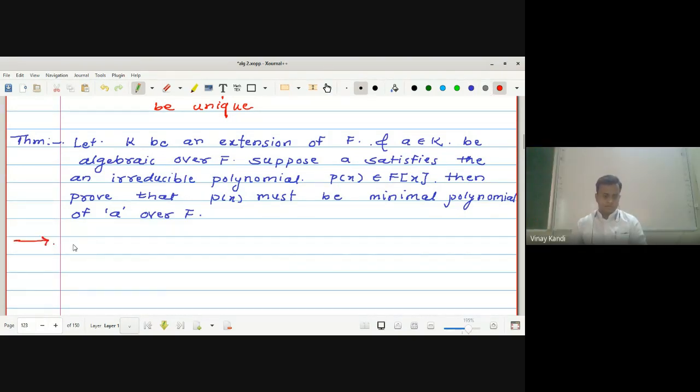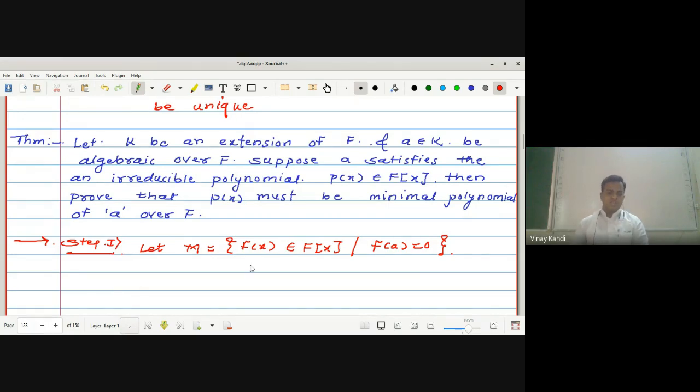Step number 1. Let capital M be equal to a set, defined as follows. We have to define one set: all the polynomials f of x belonging to capital F of x such that f of a is equal to 0.